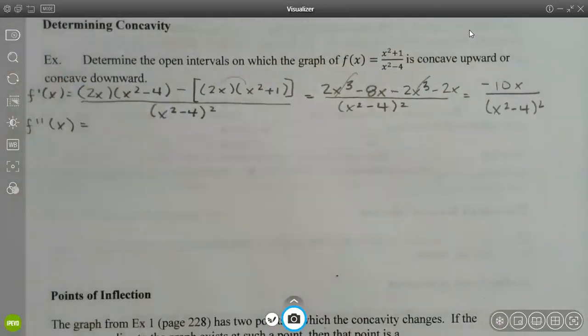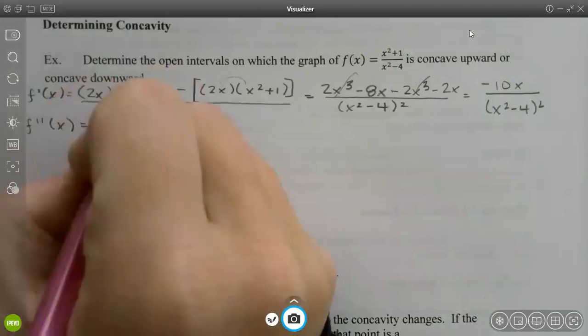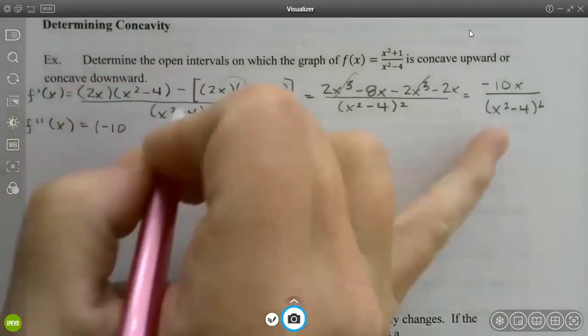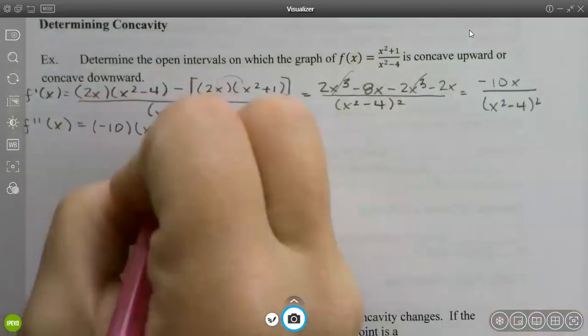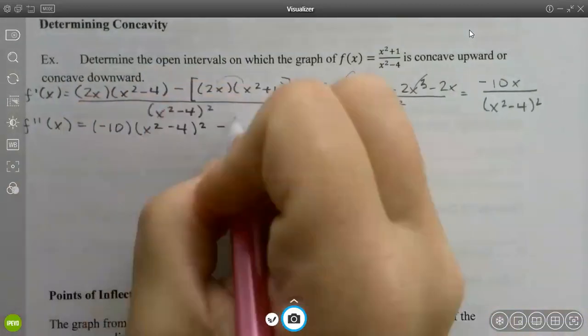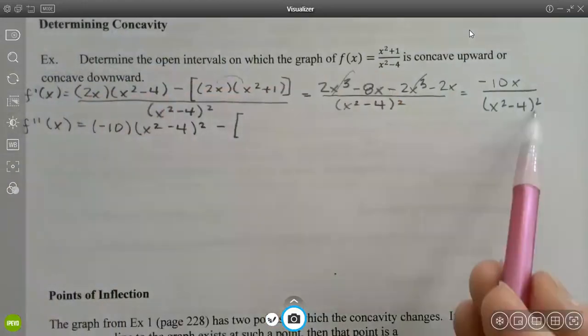Second derivative, quotient rule again. What's your derivative at the top? Negative 10 times x squared minus 4 squared, minus derivative of the bottom.